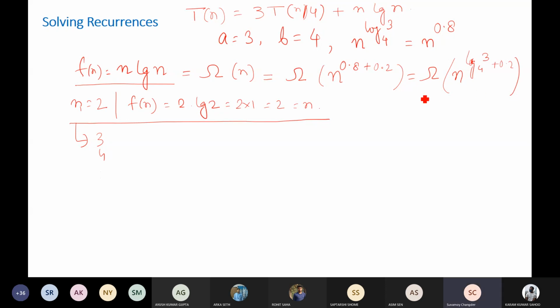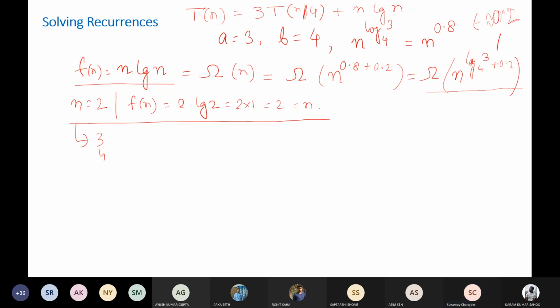So if you check the first condition of the third case, you can find that f(n), which is n log n, can be bounded as big omega of n to the power log 3 base 4 plus epsilon, where epsilon is equal to 0.2.